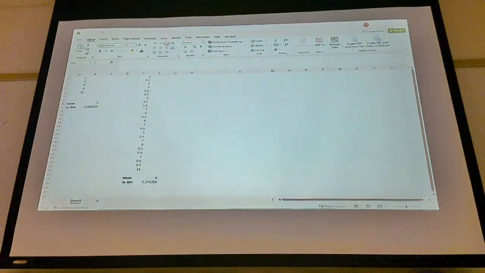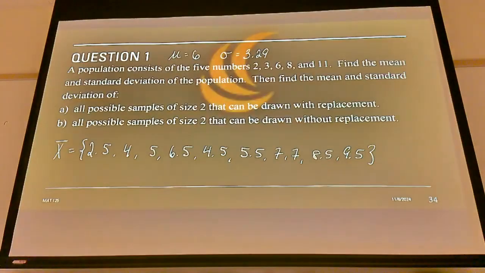So find their means. Those are all the means. Oh, I forgot to change the screen. Last one.